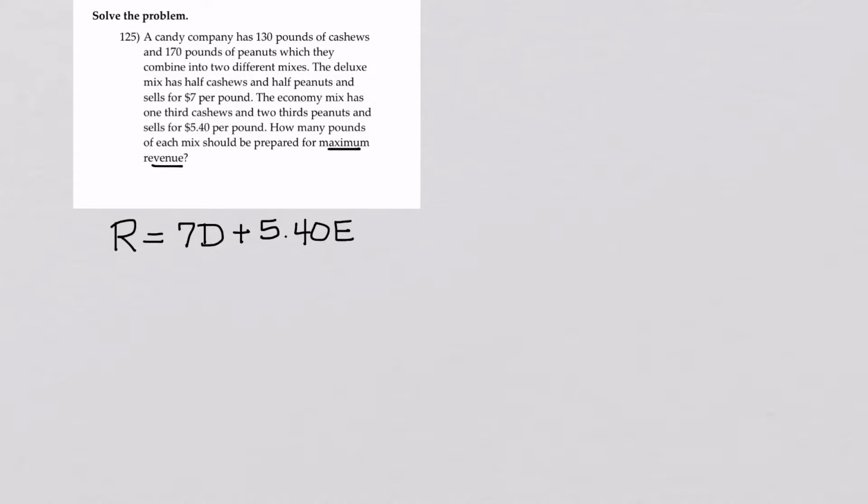And when we make the economy mix, a third is cashews and the other 2/3 is peanuts. So the amount of cashews that we have altogether is half of however many pounds of deluxe that we make, plus a third of the number of pounds of economy mix that we make.